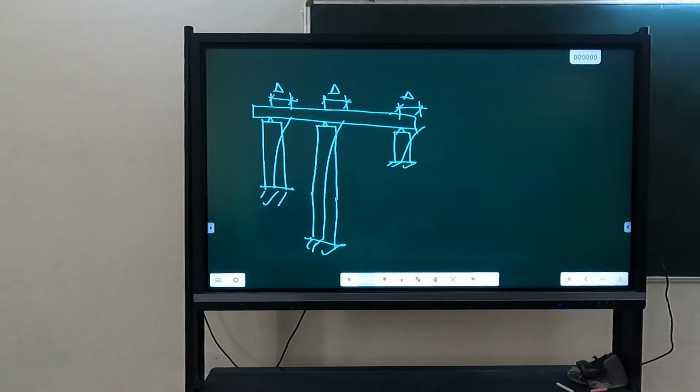Question number 3 is very similar to what you have done in tutorial number 2. The only thing is that the numerical value of beam capacity is given. We have actually framed 3 in parallel, and the 3 frames will act in parallel.